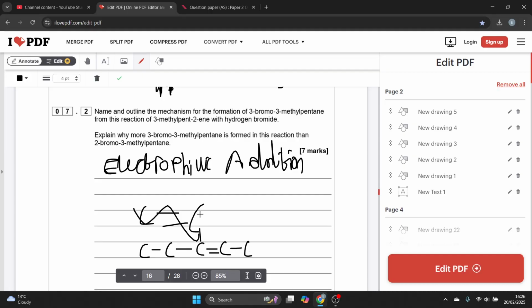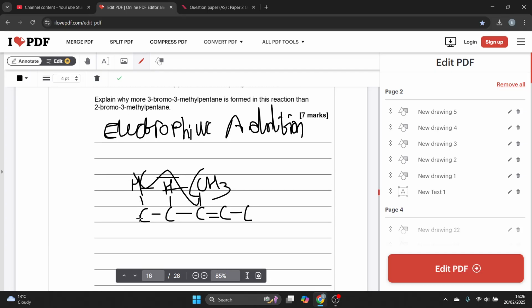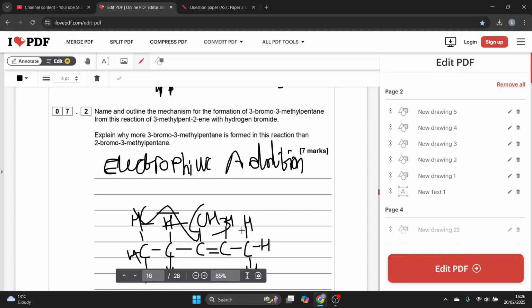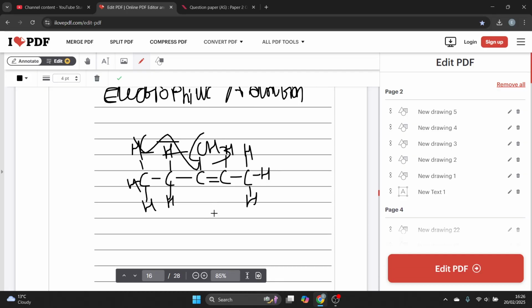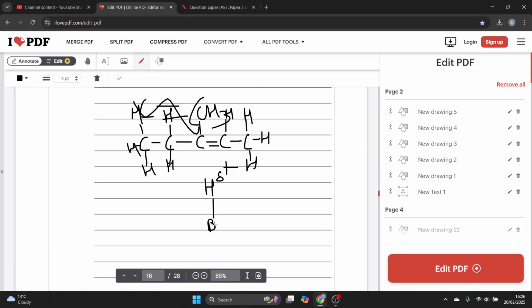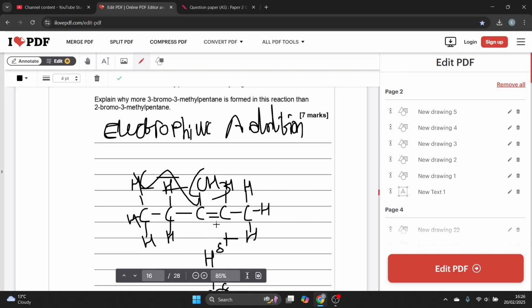I've got a methyl group here, hydrogens here, and 3-methylpent-2-ene reacting with hydrogen bromide, hydrogen partial positive, Br partial negative.